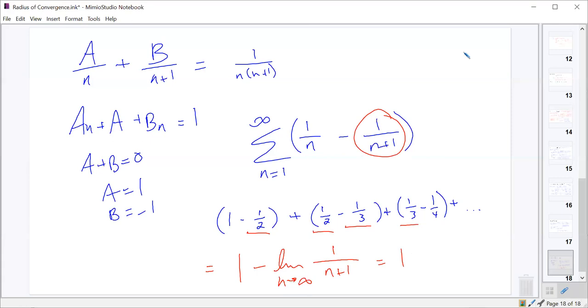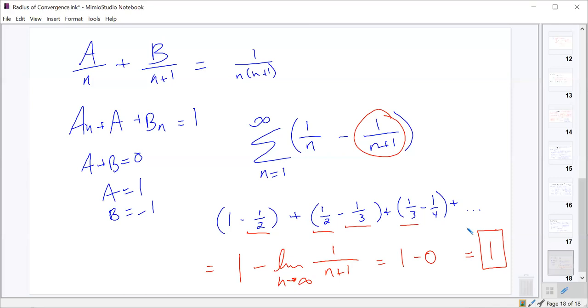Should be 0, good. Which gives us a sum for this series of 1. So if I sum together 1 over n times n plus 1 infinitely, I get 1. And if we'd done the integral test, we would have seen that it converges, but we wouldn't have necessarily known the exact value that it did converge to.